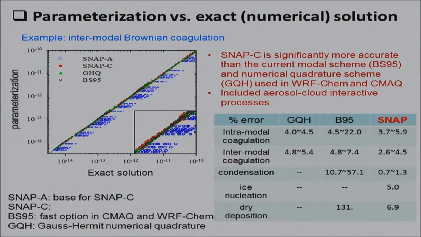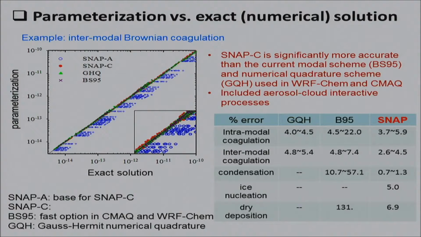Here are the results of our SNAP method. The horizontal axis is the exact solution, for which I think here we use the Brownian coagulation process. This is the calculated result for different schemes.